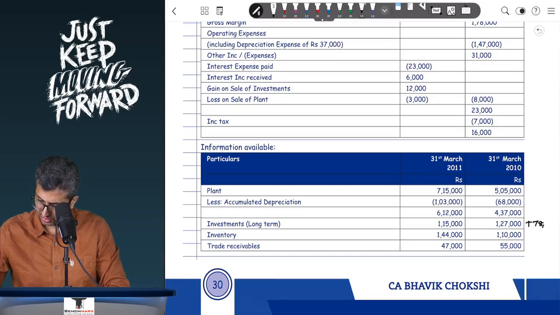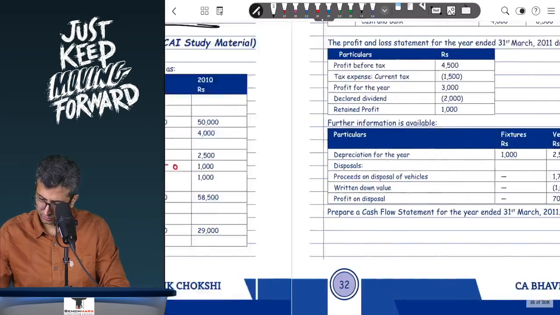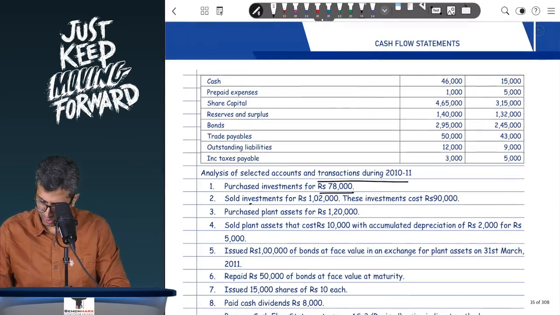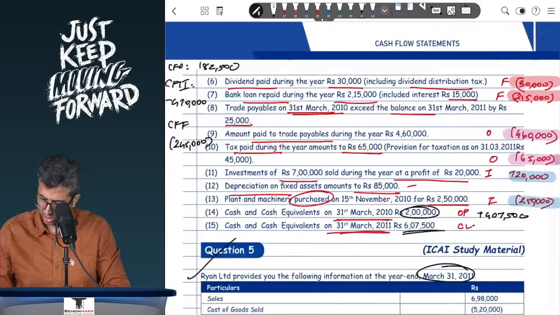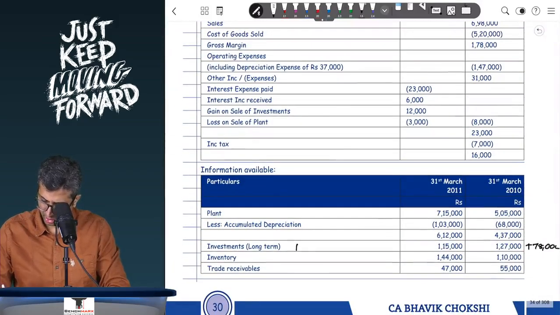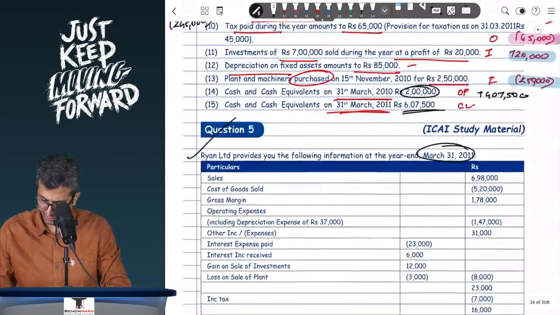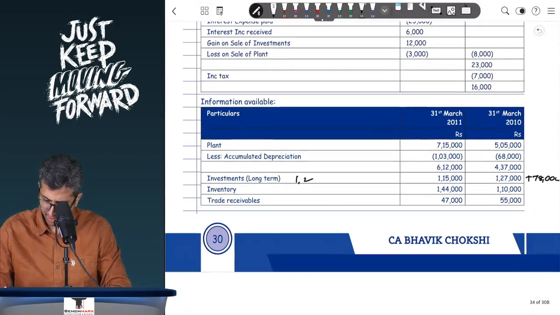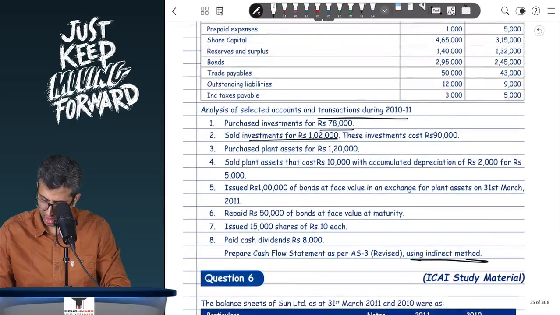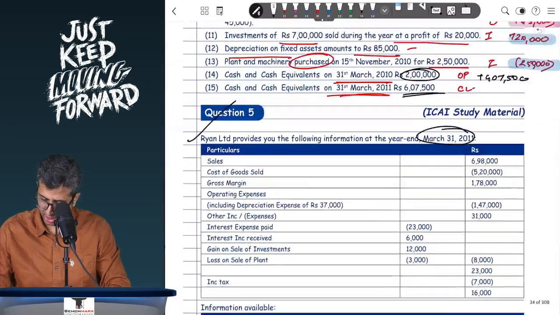Plus 78,000. Next, you have sold investments of 1 lakh 2. Okay, so this is 0.1 and 2, both are affecting investments. Purchase plant assets for 1 lakh 20, 0.3. Sold plant assets of 10,000 with accumulated depreciation of 5,000, again 0.4.